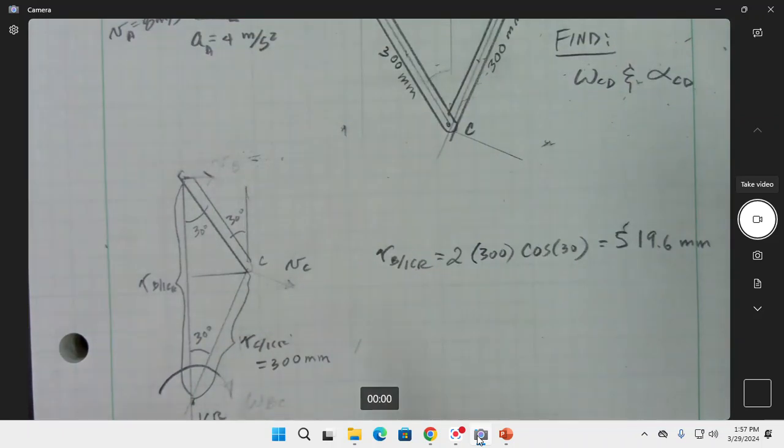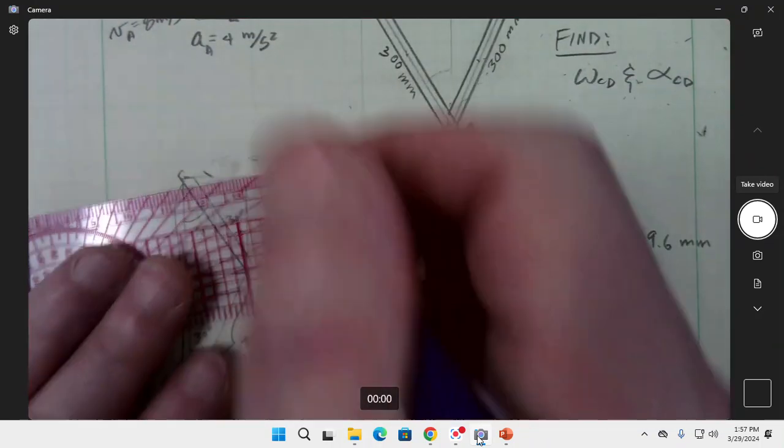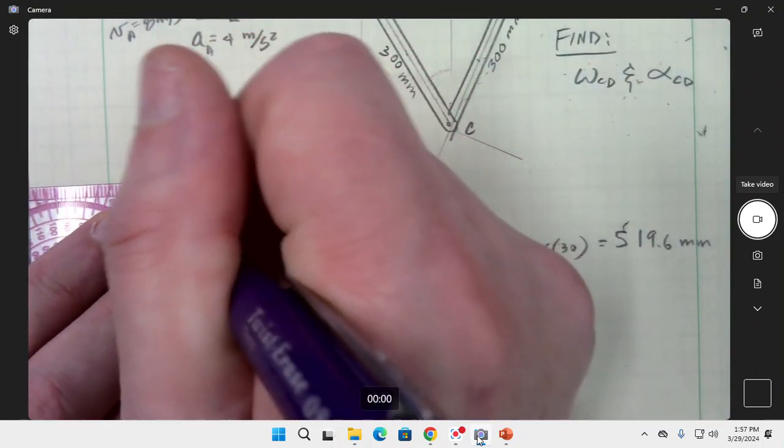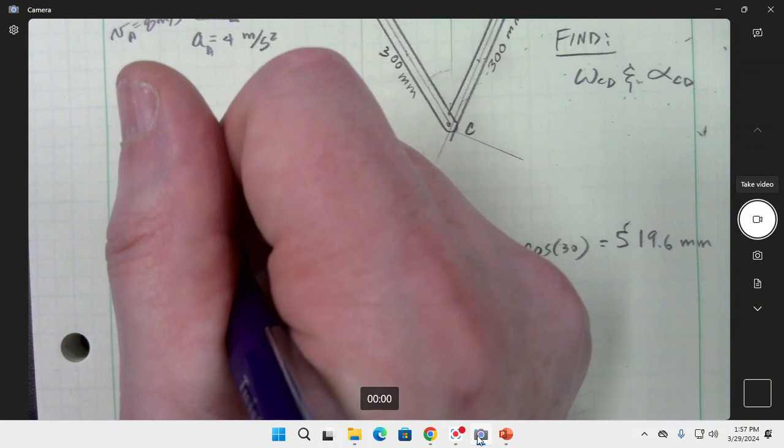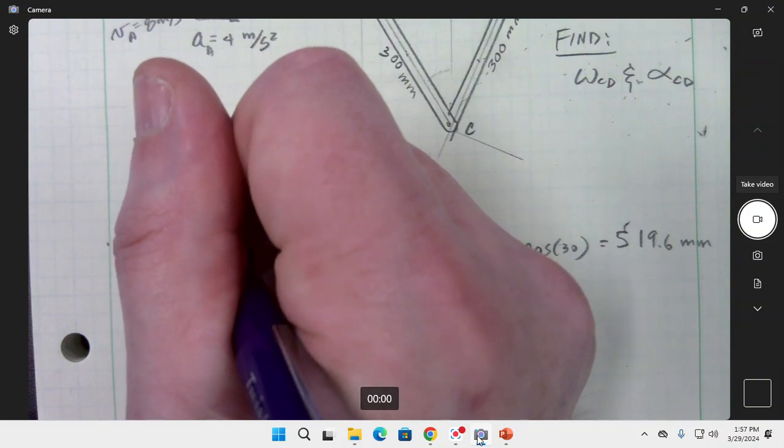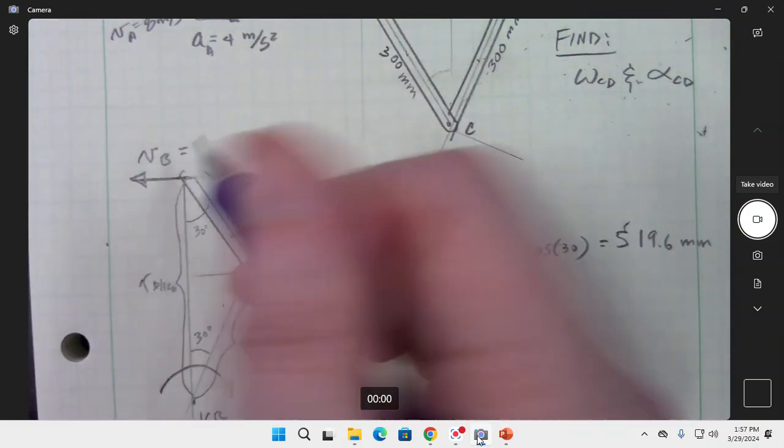Look at me, I tell you not to erase, and I just erased, whatever. Generally, don't erase. If you want to fix a mistake, go ahead and fix a mistake, but don't spend a lot of time erasing things, especially if I could possibly give you some points for what you wrote.